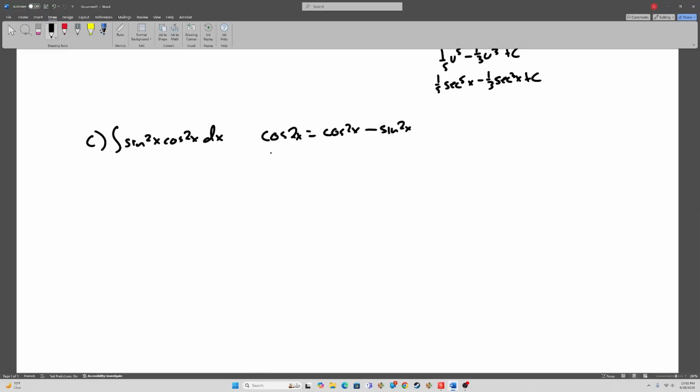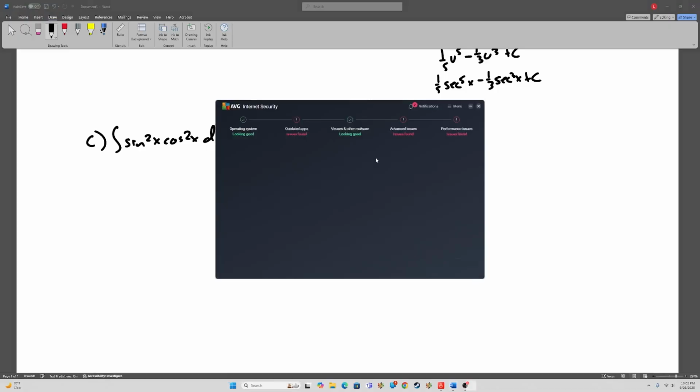And we can write that as cosine of 2x is equal to, cosine squared is the same as 1 minus sine squared x. So we can write this as 1 minus sine squared x.